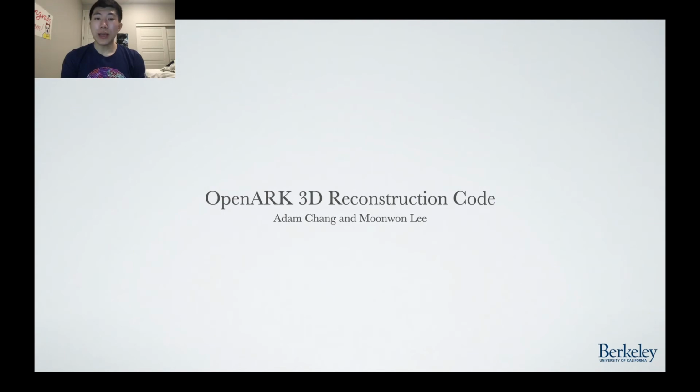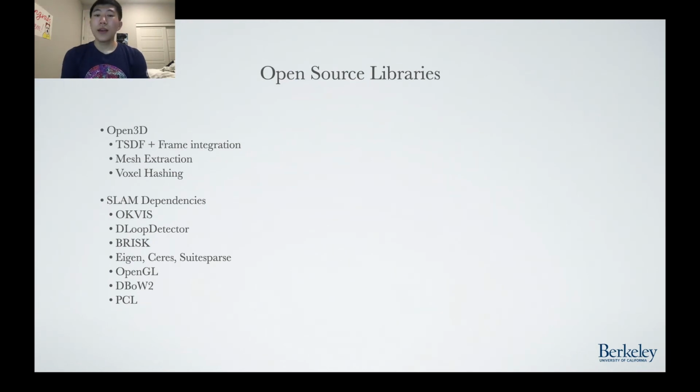Just as with SLAM, we will peer into OpenARK and see what allows the system to run and provide both real-time and offline 3D reconstruction. In addition to the open source libraries required to run SLAM, which is also used during real-time 3D reconstruction, Open3D is another open source library used for OpenARK.